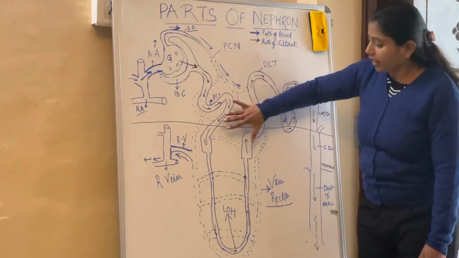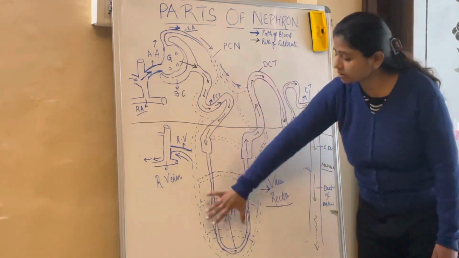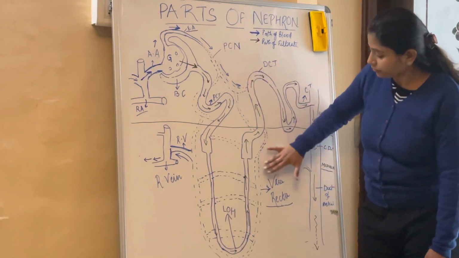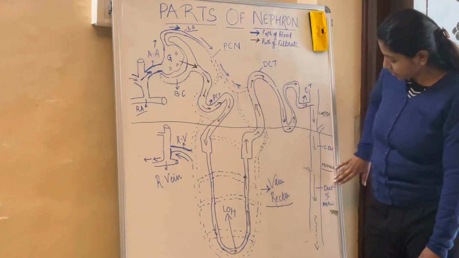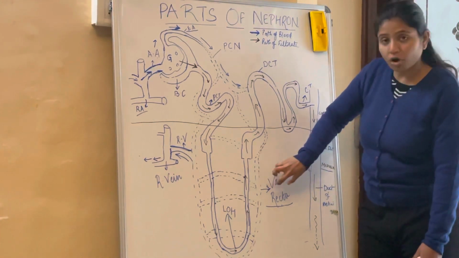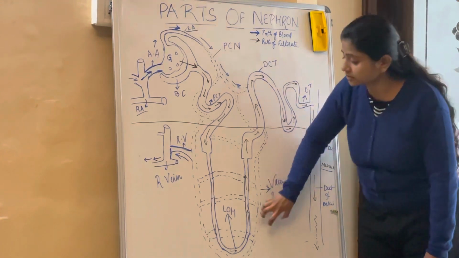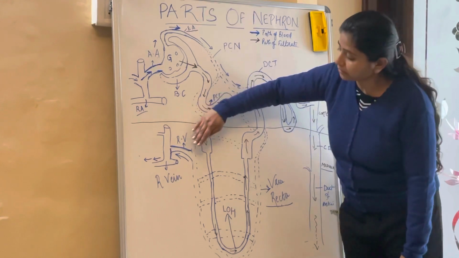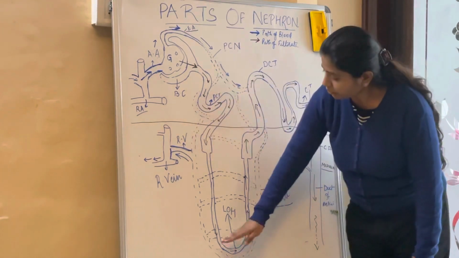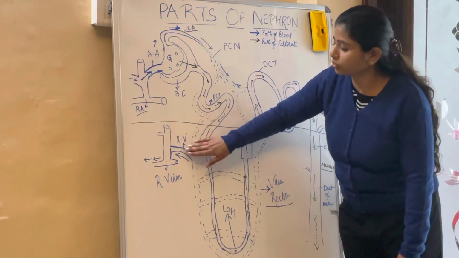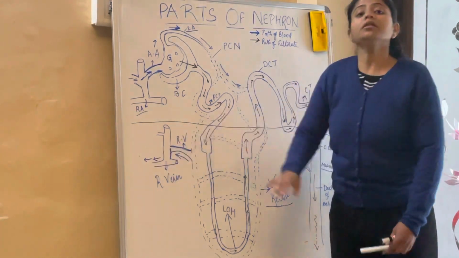From the peritubular capillary network, in the medullary region, parallel to the loop of Henle, this network finally forms the vasa recta. This vasa recta joins to form the renal venule, and from this renal venule the blood goes out through the renal vein.